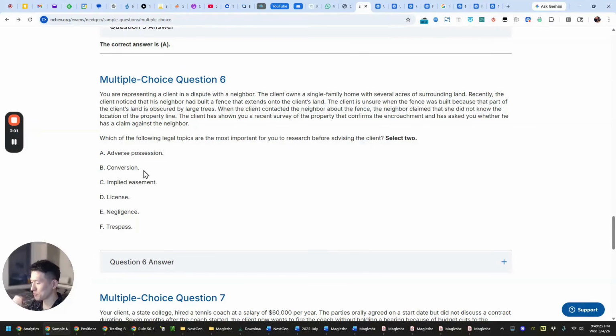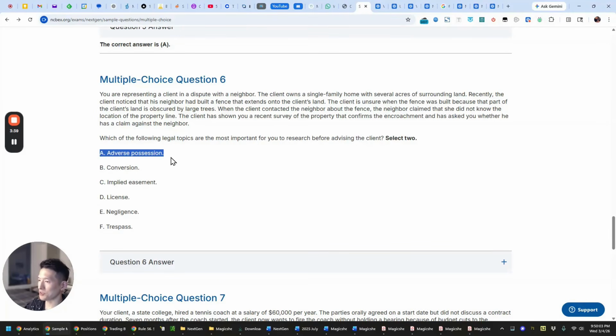That involves occupation onto the true owner's land. Conversion, maybe that too, because there's a fence that extends onto your client's land, so there is some occupation of your client's land. Implied easement, no, that has more to do with permitting someone else to do something. Same with license. Negligence, I think that's a distractor. That's irrelevant here. So we're left with trespass. I think that's one of the answers that we will be credited for.